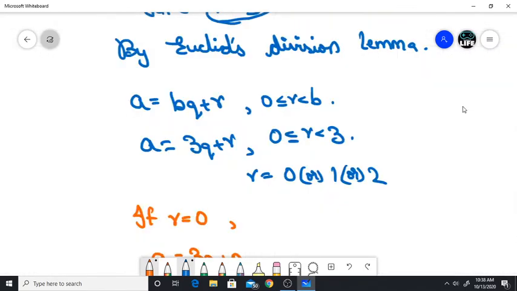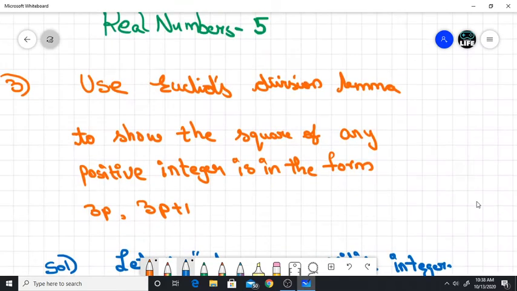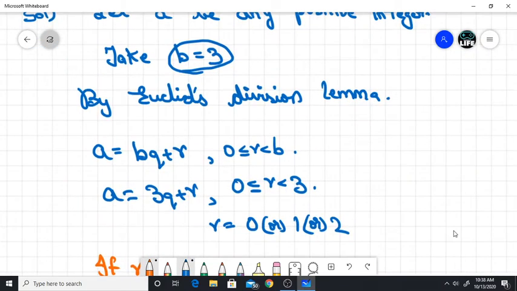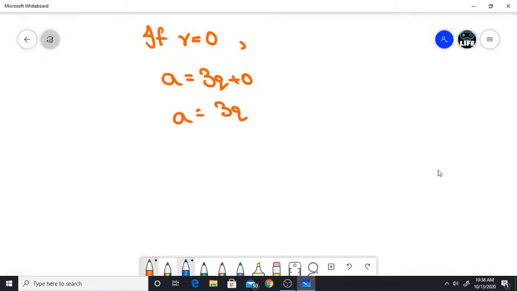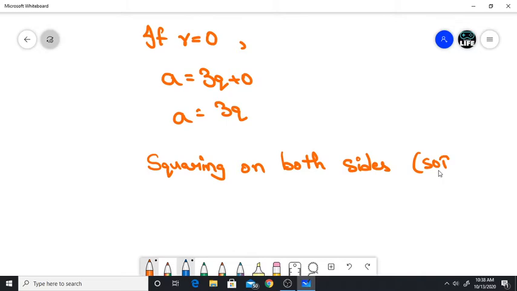In the question it is given like square of any positive integer, so now let's do squaring on both sides, SOBS. So a square equals to 3q whole square, which is 9q square.